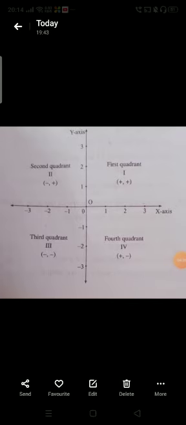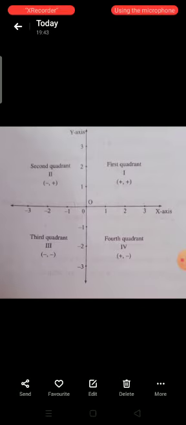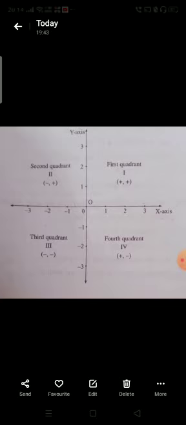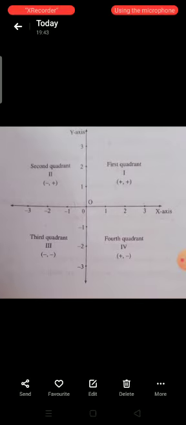So if x is positive and y is positive, it is the first quadrant. If x is negative and y is positive, it will be the second quadrant.